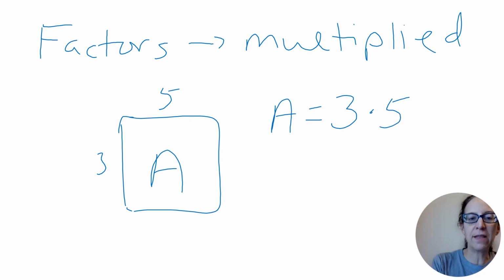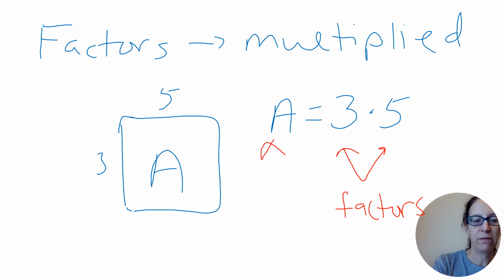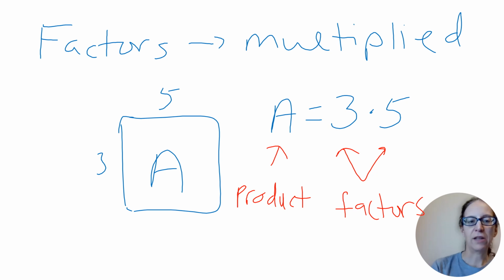And in this, the 3 and the 5 are factors, and the area is the product. So we have the product and then we have the factors.